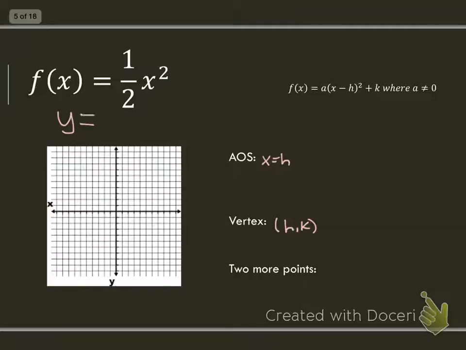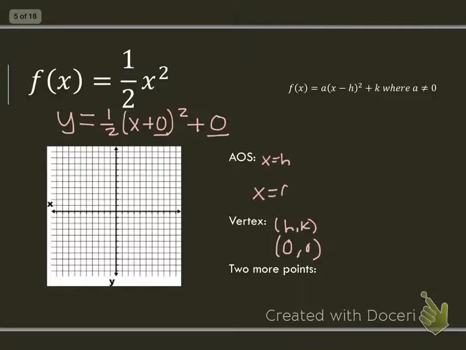So if I do y equals, it lets me write a x, the thing that I can add next to my x that's not going to change it is going to be a 0. And we can add our 0 on the back end. So right now, my h is 0, my k is 0, so that means my vertex point is going to be 0, 0. And this is going to be, oh my gosh, x equals 0.